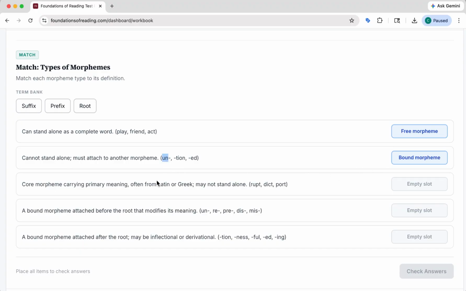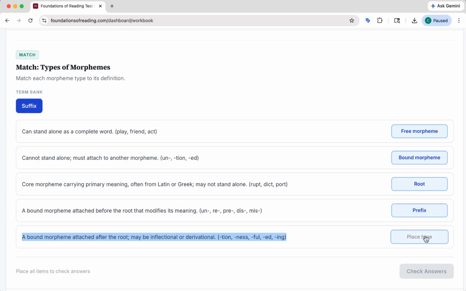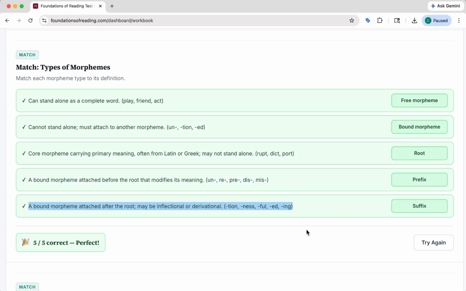So that's a bound morpheme. Core morpheme carrying primary meaning, often from Latin or Greek, that would be the root. A bound morpheme attached before the root is a prefix. A bound morpheme attached after the root is a suffix. Let's check, and we're good.